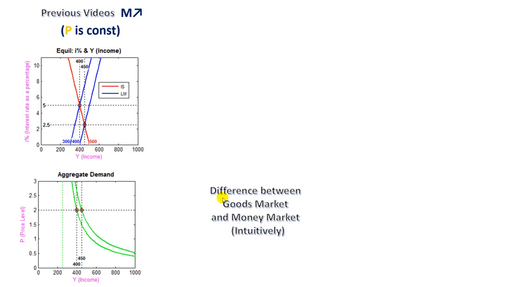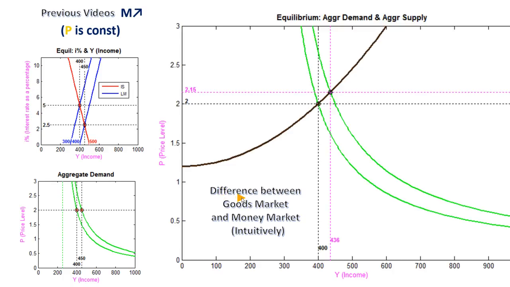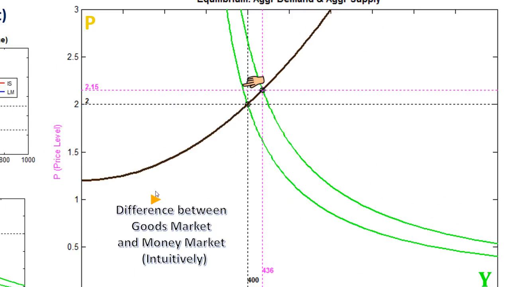Now, in the video entitled Difference Between Good Markets and Money Market Intuitively, we saw that this is the shape of the aggregate demand curve, and this is the shape of the aggregate supply curve. So we justified why they have this shape intuitively. In future videos we are going to show it more formally.